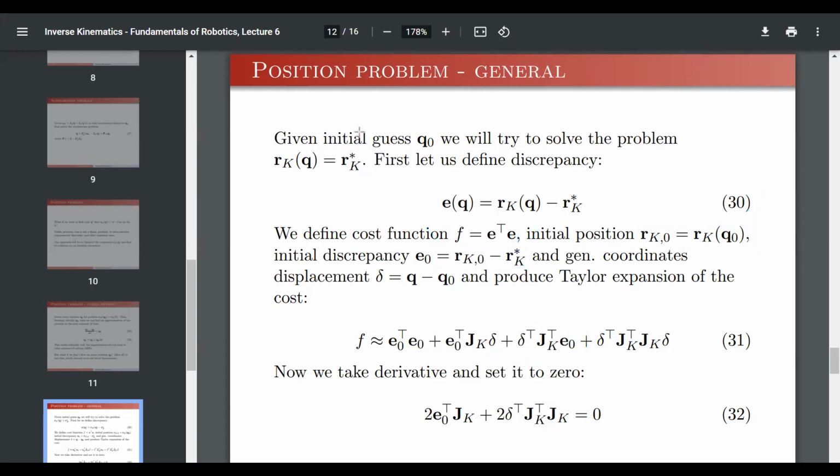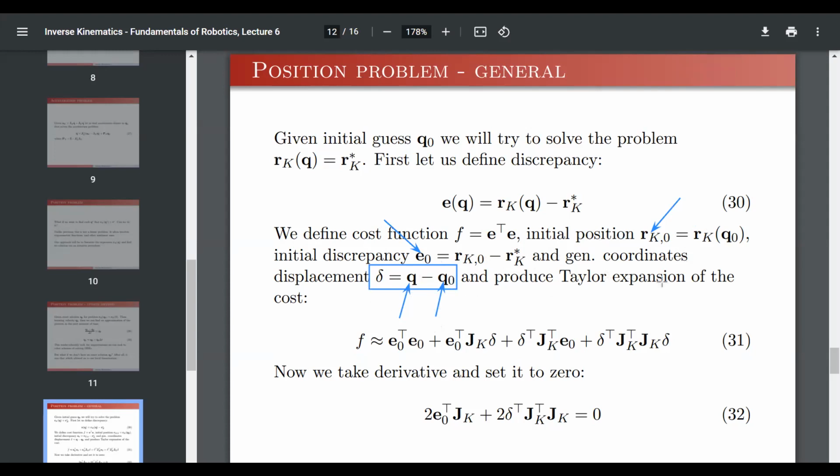And we can finally define displacement. That is the difference between the solution and the initial guess. So Q0 is again the initial guess, the initial position. K0 is the initial position. E0 is the initial discrepancy.